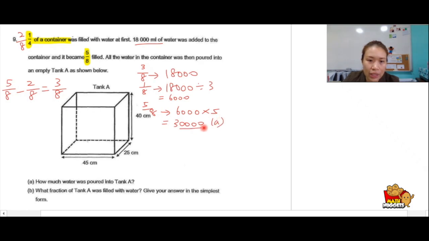This is the answer for part A, because this water was poured into tank A. So then part B, what fraction of tank A was filled with water? So we got to find out the capacity of tank A, right? So capacity of tank A would be 45 times 25 times 40. 45,000.